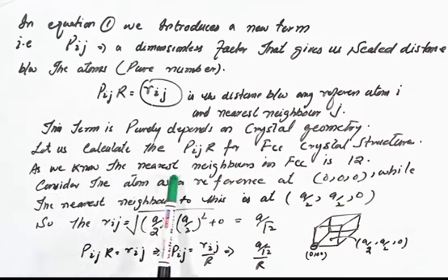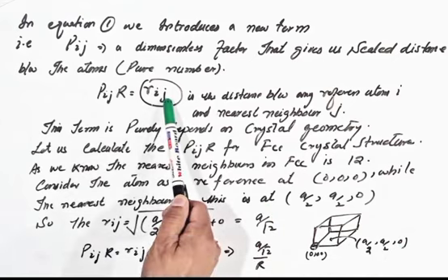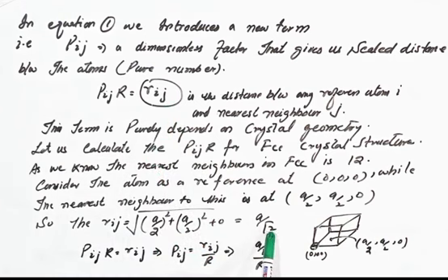As we know, the number of nearest neighbors in FCC is 12. Consider the reference atom having coordinates 0, 0, 0, while the nearest neighbor to this is at (a by 2, a by 2, 0). This distance is equal to a divided by square root 2.